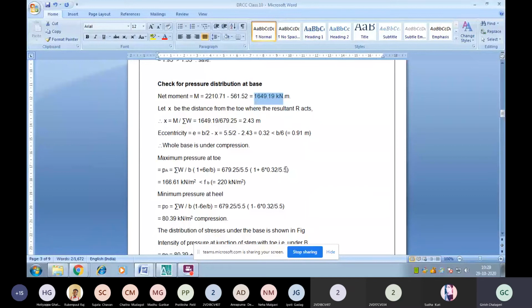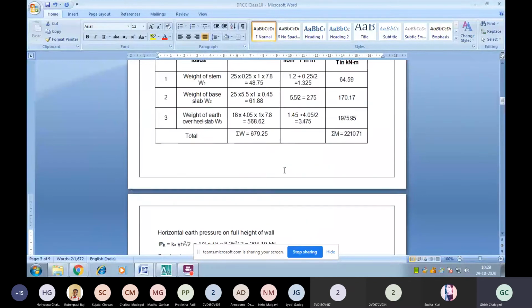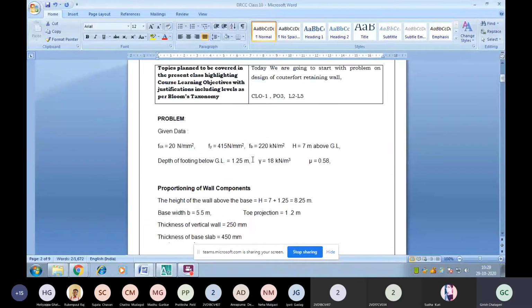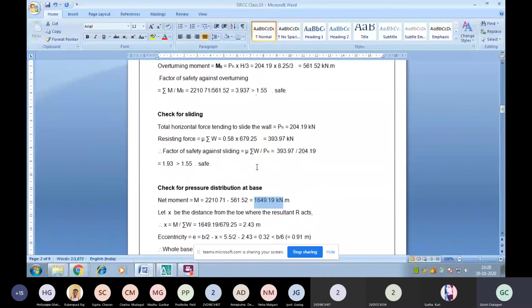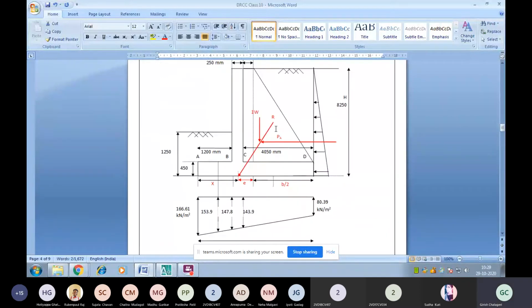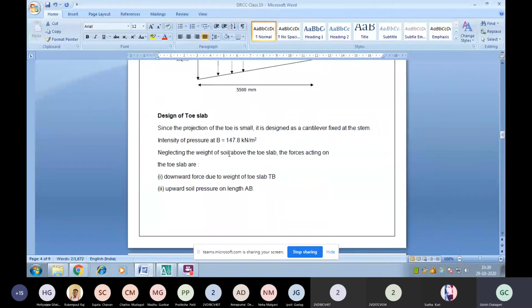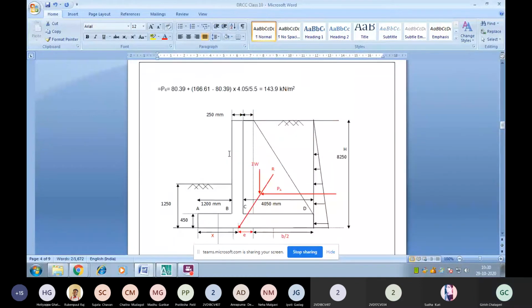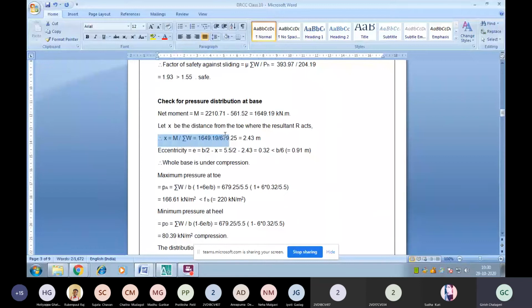Find the distance of the resultant R. We can see in the diagram where this resultant R is. Here is the resultant force R, which is acting at a distance, with eccentricity E here. This is the X value we want to find. X value will be moment by vertical force.